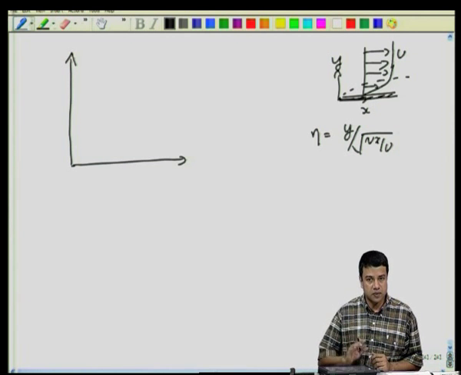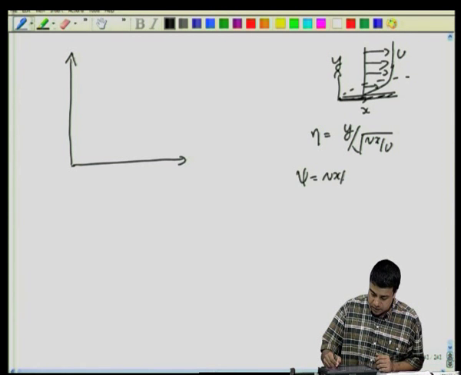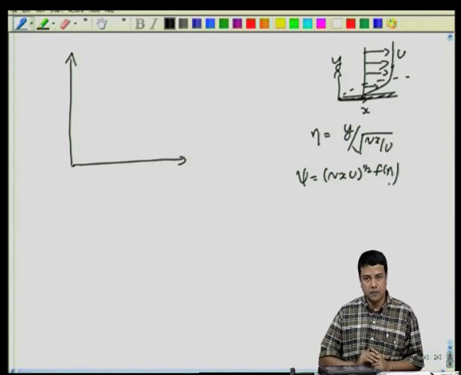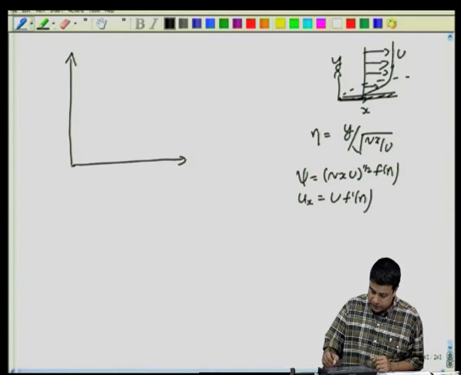The solution within the boundary layer is what we just obtained in terms of the stream function psi equal to root of nu x u times f of eta, and we obtained u x equal to u f prime of eta.